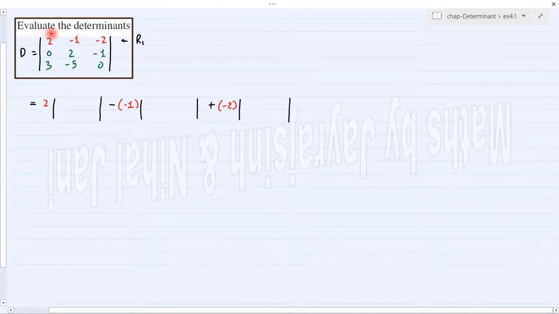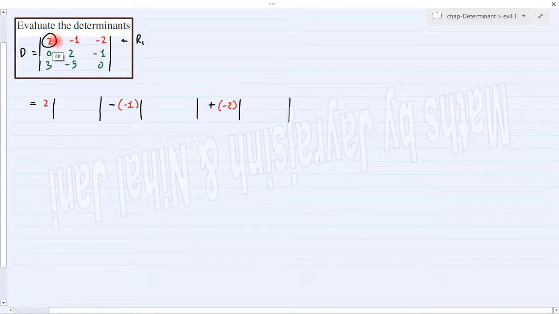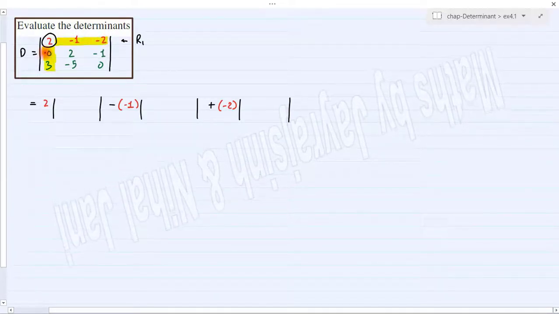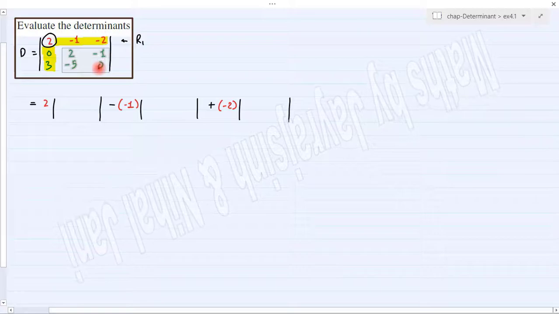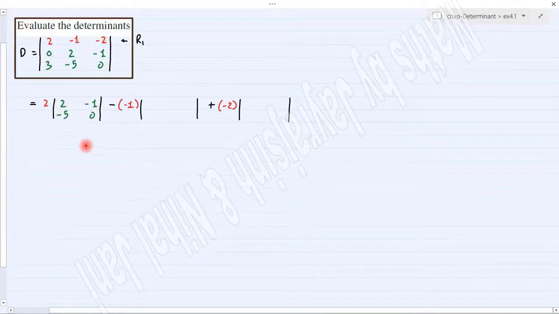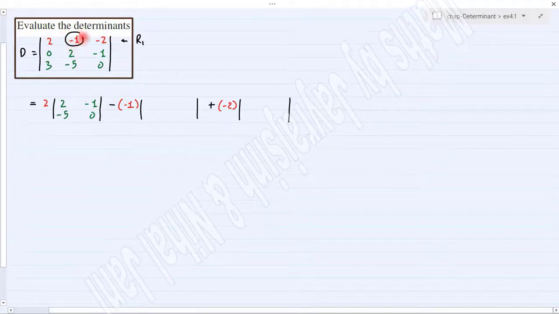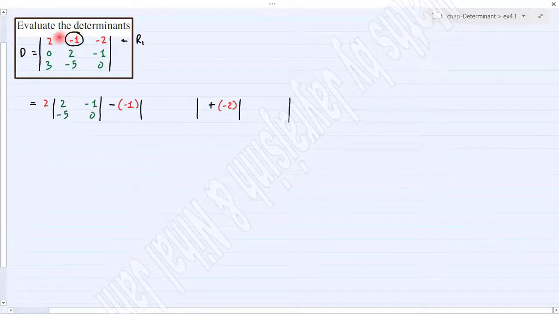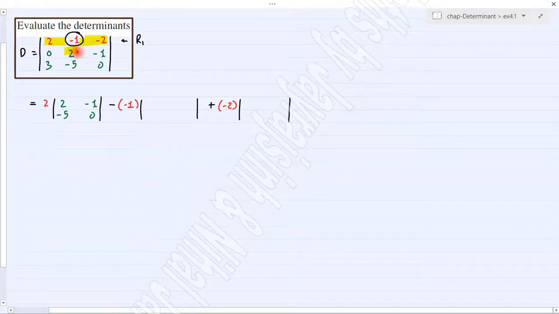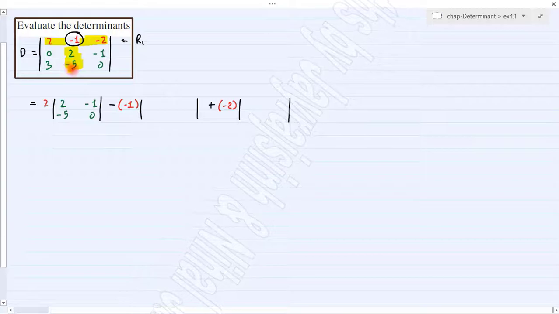Now let's obtain minor of your first element by ignoring its first row and first column. So here we'll get 2 minus 1, minus 5, 0. Then minor of second element will be obtained by ignoring its first row and its second column.